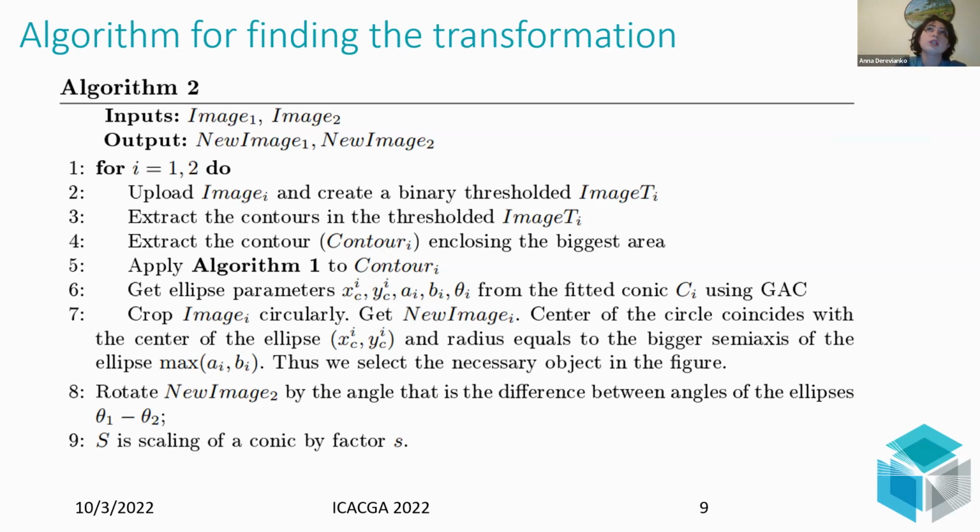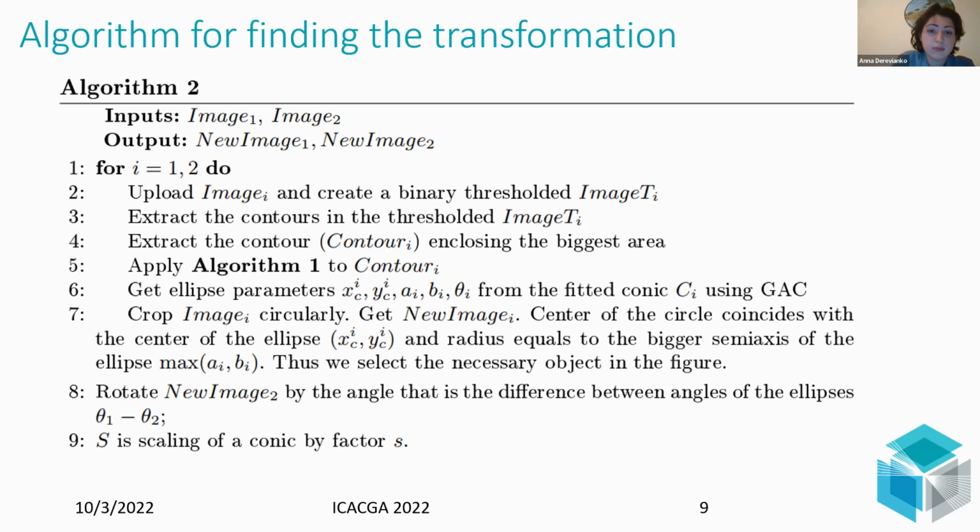Then we need to know how the inscribed ellipse in one picture is related to the inscribed ellipse in the other picture. So now we are not comparing pictures point by point. We are comparing the main object, represented by an ellipse, which we can rotate, translate, and from which we can extract the angle of rotation, semi-axes, etc.